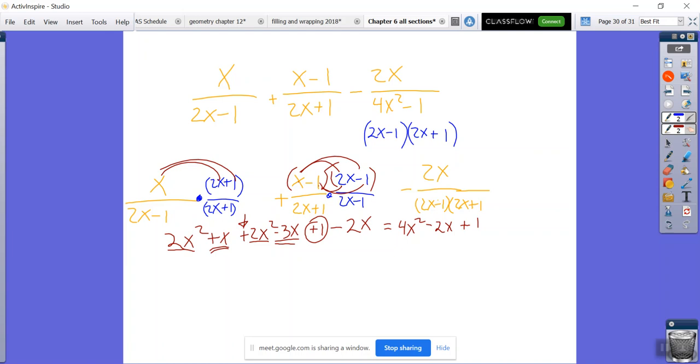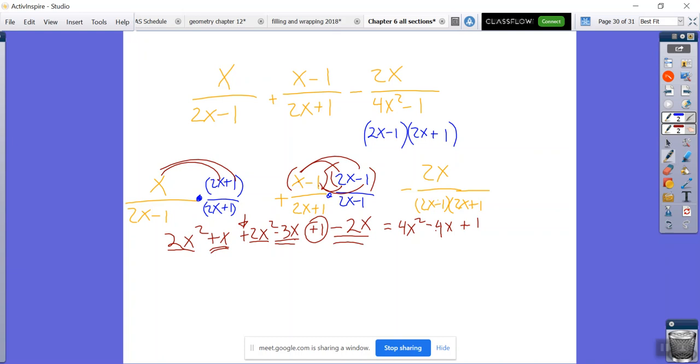Good job on catching that, because I totally flaked. So we have x and we have negative 3x. We got negative 2x and we still have this negative 2x. So what do we get when we subtract 2x from negative 2x? Negative 4x. There you go. And that's much better for factoring purposes, I gotta tell you.